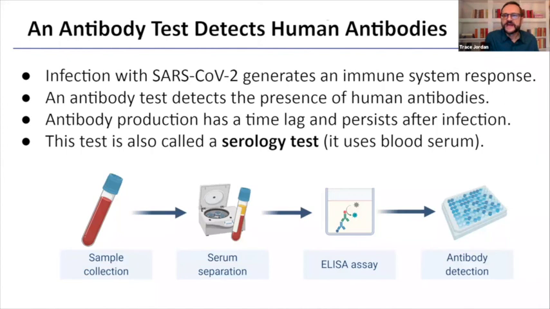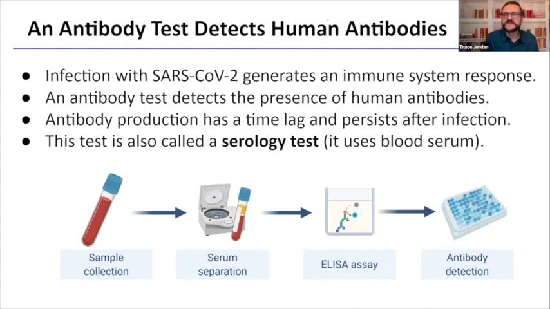One thing that is important to bear in mind is that antibody production has a time lag and persists after infection. So whereas the PCR test and the antigen test look at the presence of the virus in the body, the antibody test is looking at the body's response to the virus, which takes time.